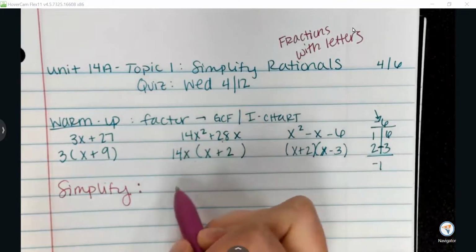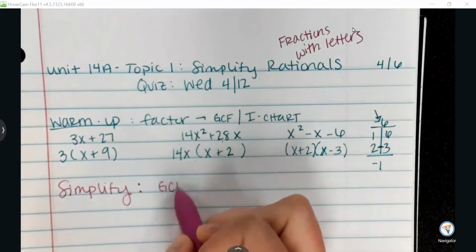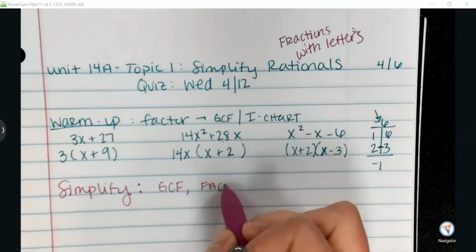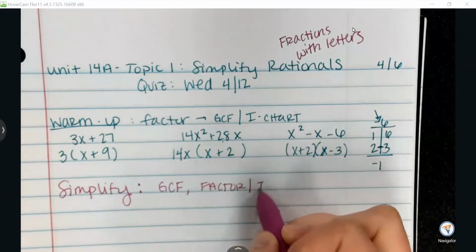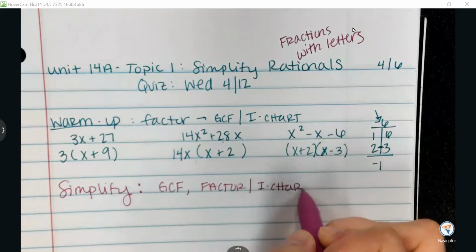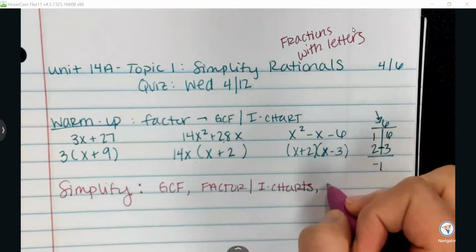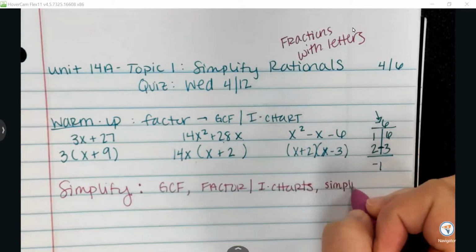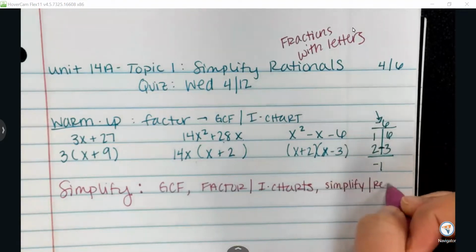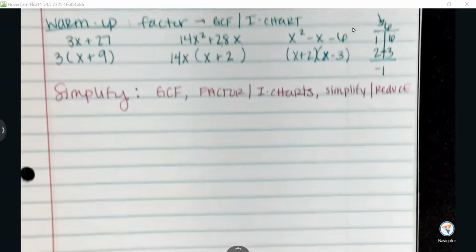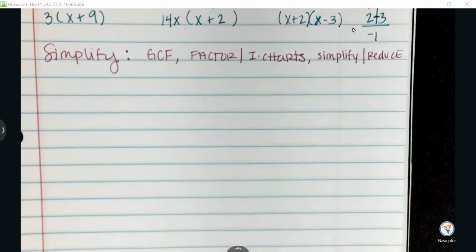So in order to simplify, I'm going to have to look for a GCF. I'm going to have to factor or make eye charts. And I'm always going to have to simplify or reduce my fractions. Like I can't have 10/5 because that can be reduced, okay?